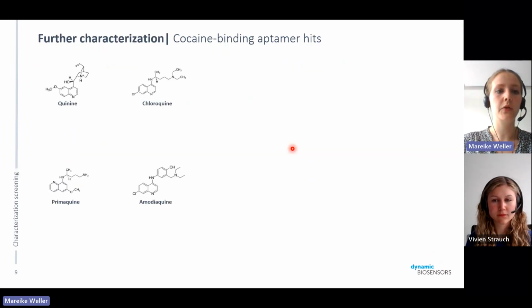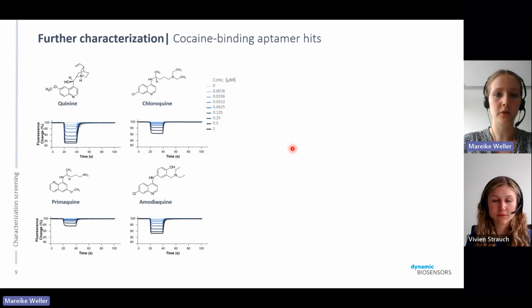So this I want to show you for some small molecules that we previously identified. And for these, we measured a concentration range now with several different concentrations. So you see already that different concentrations for different small molecules lead to a different impact on our aptamer screening here.